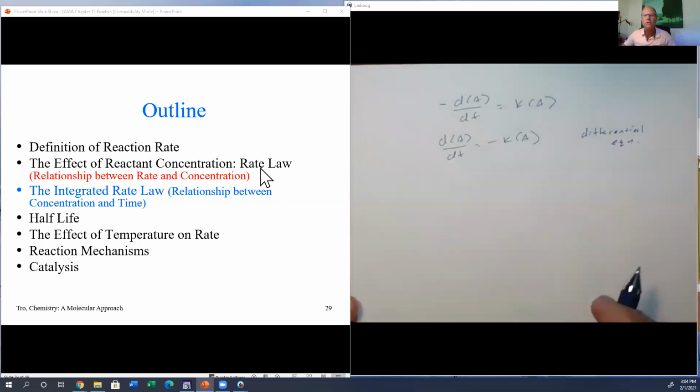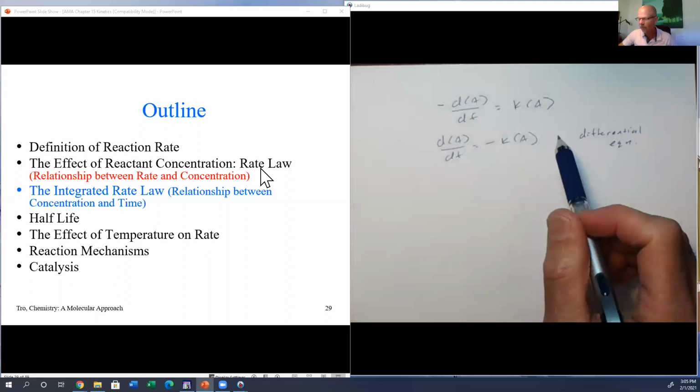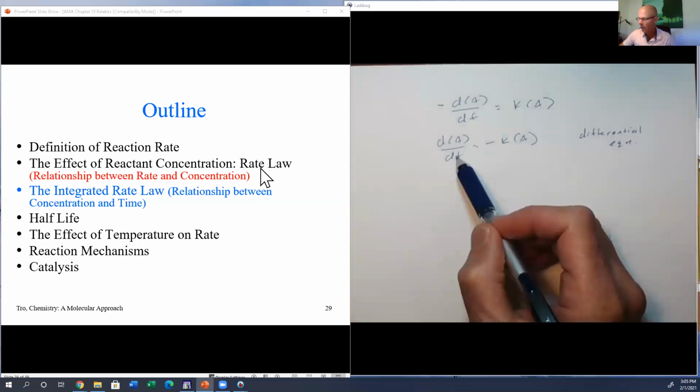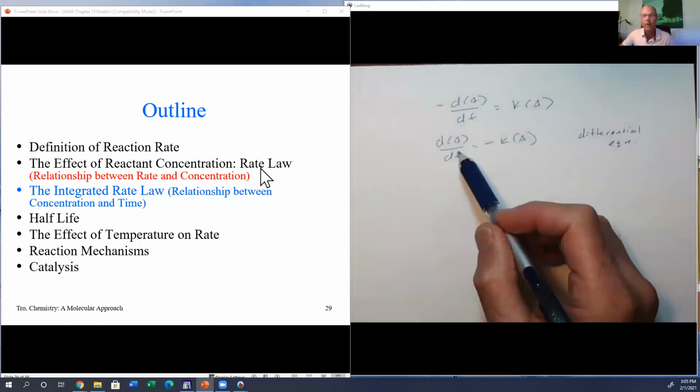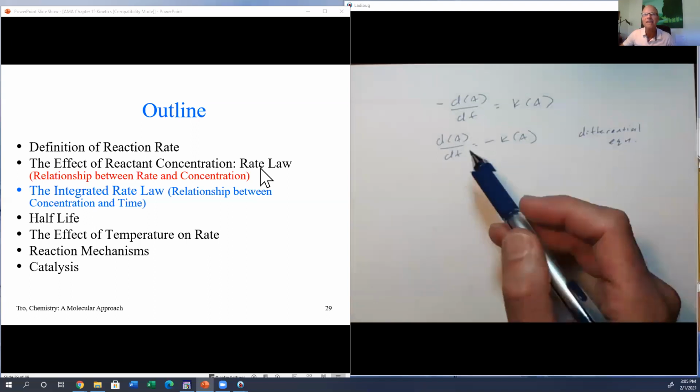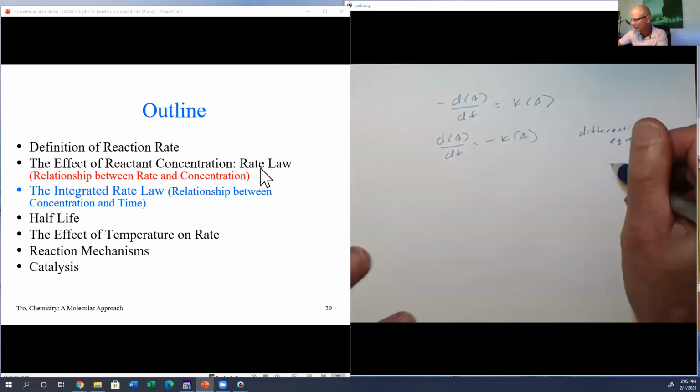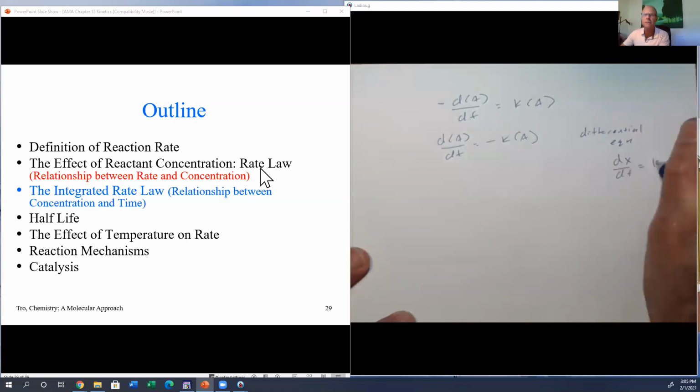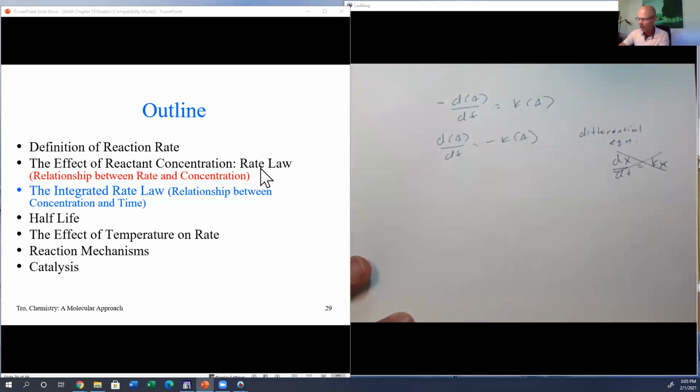A differential equation expresses the rate of change of something. In calculus you might have done things like dx dt is equal to kx, but here it's concentration.